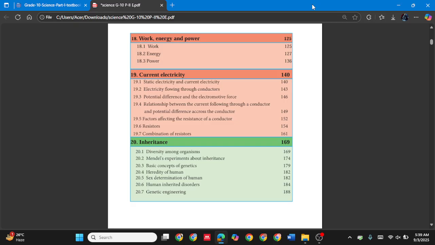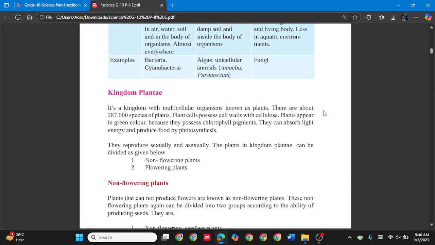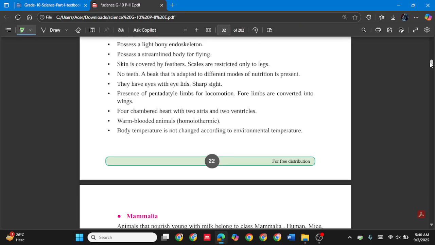Okay, first one, static electricity and current electricity. Next one, electricity flowing through conductors. Okay, let's go to the lesson, page number 140, and then just start.